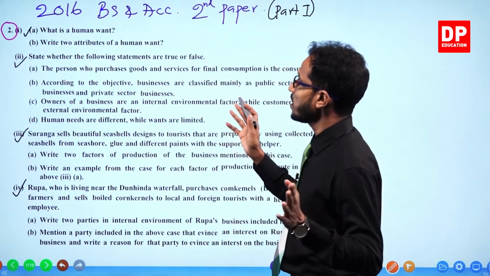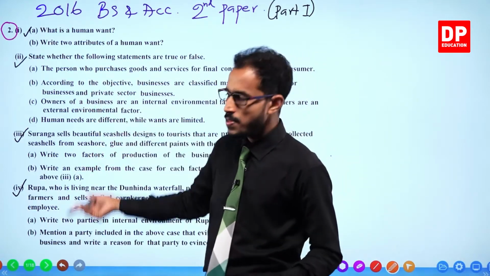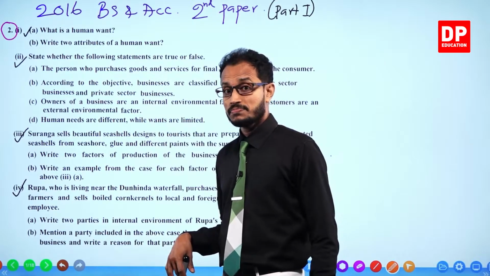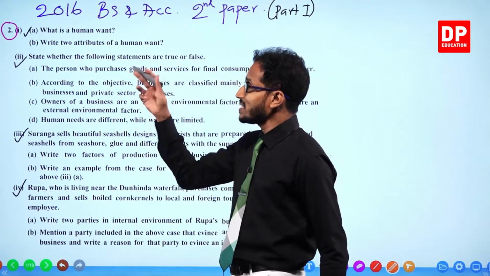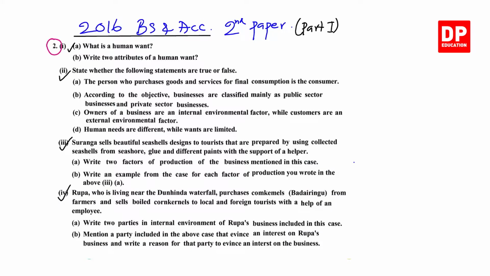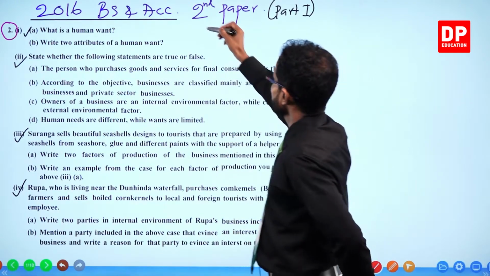Each Roman number has subparts A, B, sometimes A, B, C, D. Business studies part, that means this part, out of the 2 questions that we do, we get 8 marks for each question, right? So this is the business studies part.